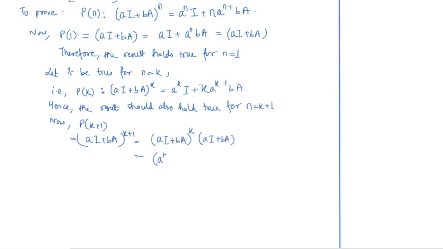So this gives us a^k I + k a^(k-1) bA, as we had assumed this statement P(k), multiplied by (aI + bA).